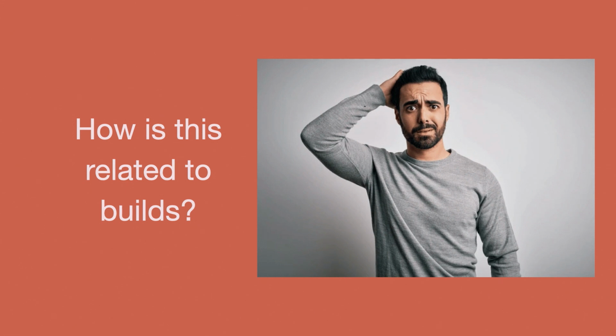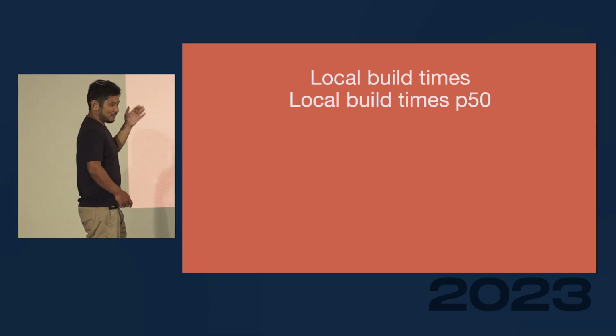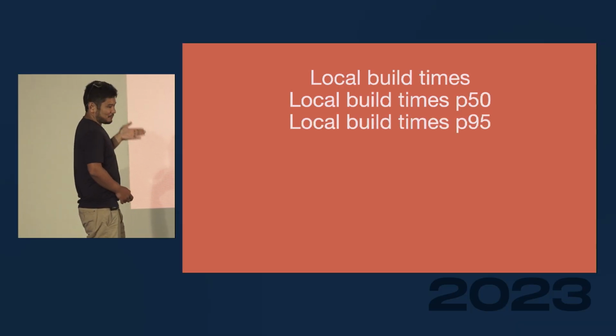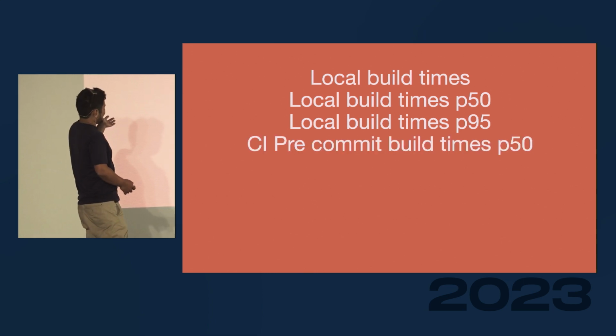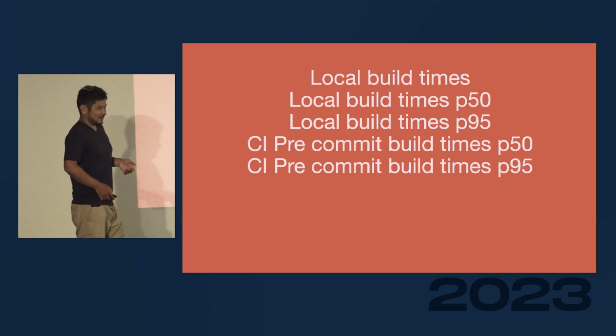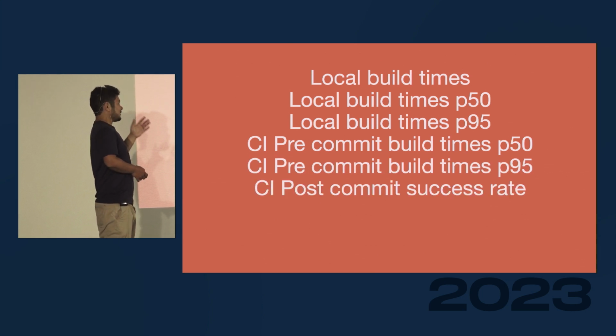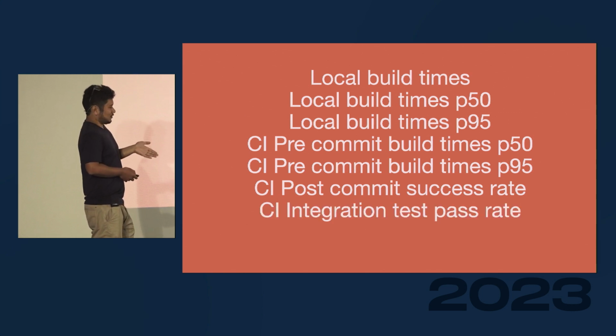We started collecting local build times. Then we started looking at local build times P50, local build times P95, CI pre-commit build times P50, CI pre-commit build times P95, CI post-commit success rate, CI integration test pass rate.